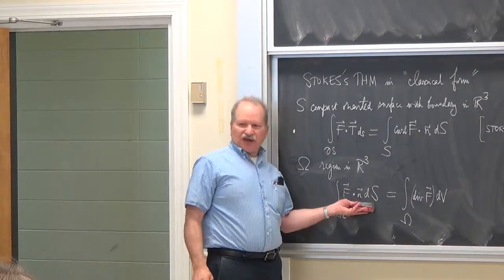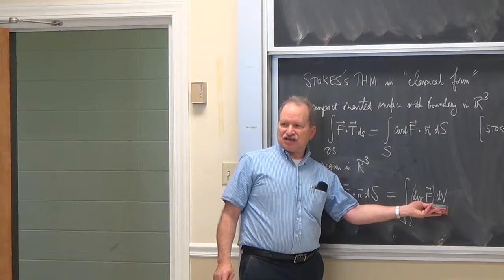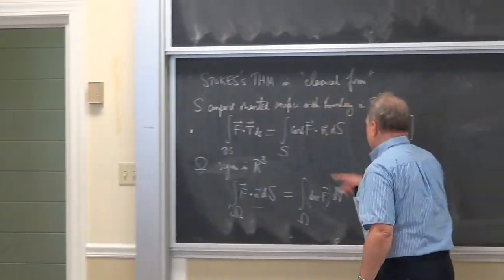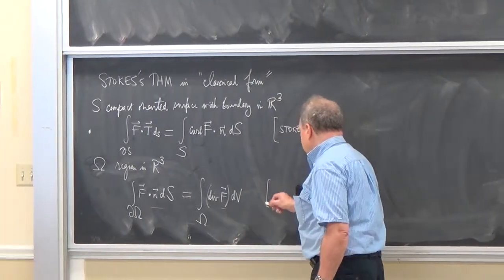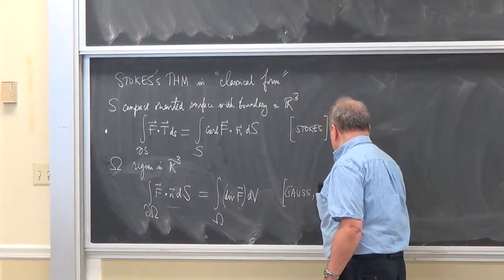So how much stuff comes out across the surface is being measured by the divergence inside. So both of these are going to lead me to physical interpretations, which I'm about to give Gabe, but everyone else can pay attention. So this is called classically Gauss's theorem or the divergence theorem.